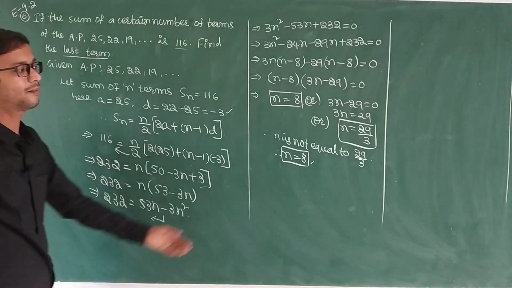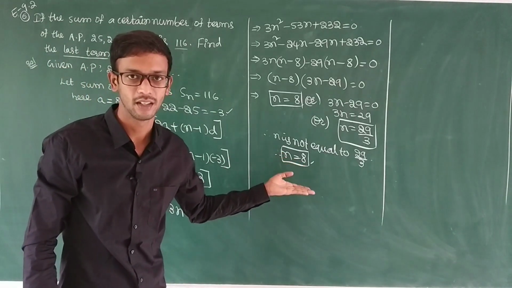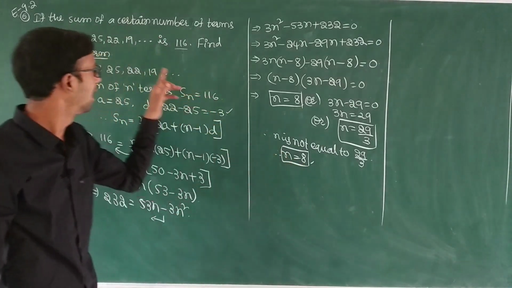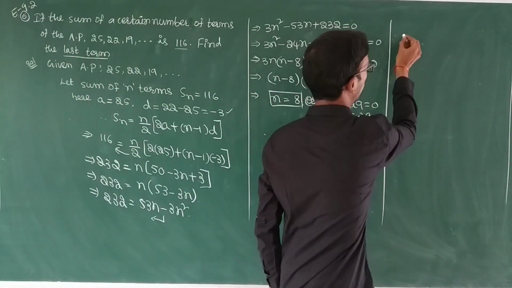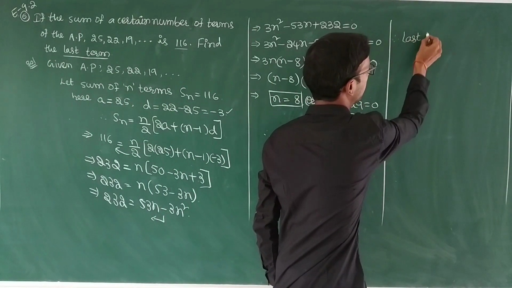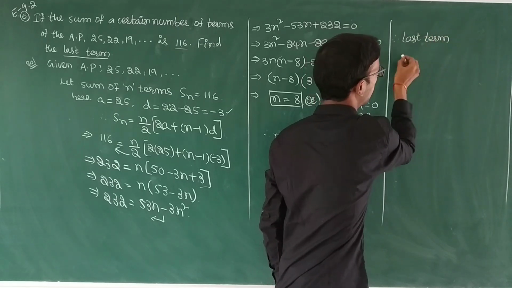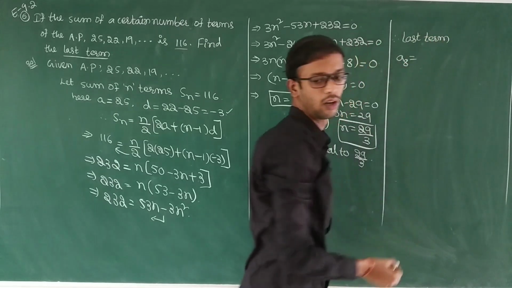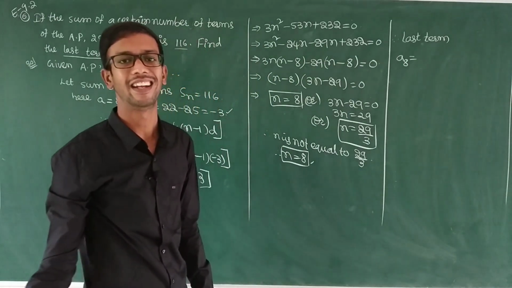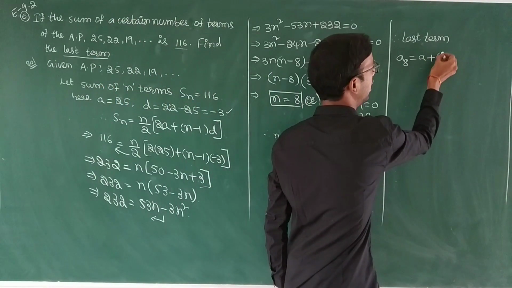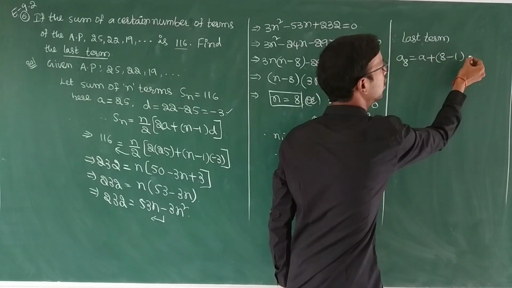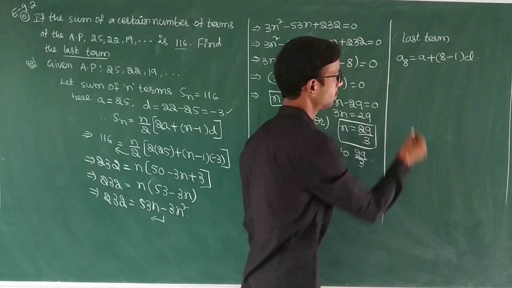The last term is asked. The total number of terms is 8, so you have to find the 8th term. Therefore, the last term A8 is equal to a plus 8 minus 1 into d.